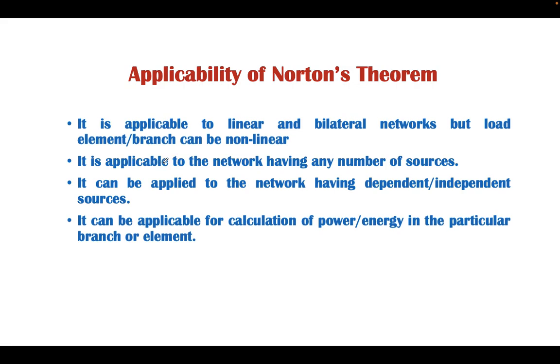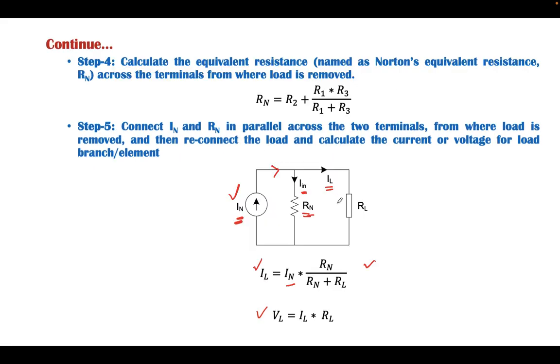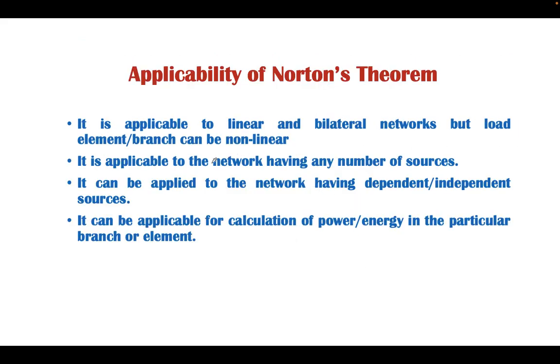Now, the applicability of Norton's theorem. It is applicable to a linear and bilateral network, but the load element branch can be non-linear. This branch can be non-linear because while developing the Norton equivalent circuit, this branch is always removed across terminals A and B, and hence it doesn't matter what this element is. This element may be linear or non-linear, but the rest of the network should be linear.